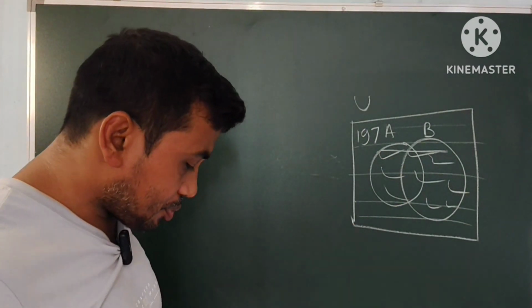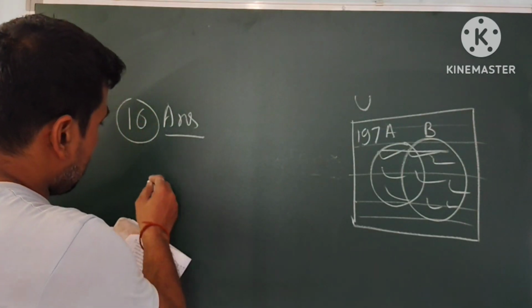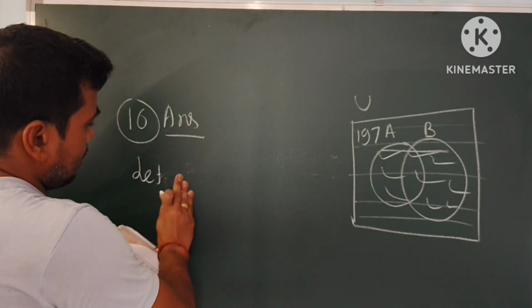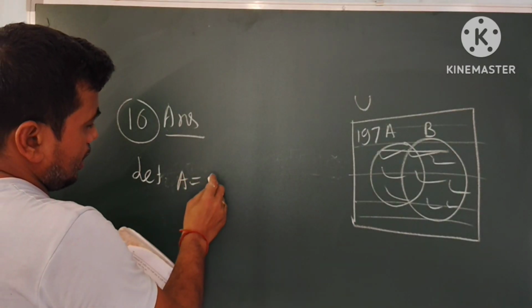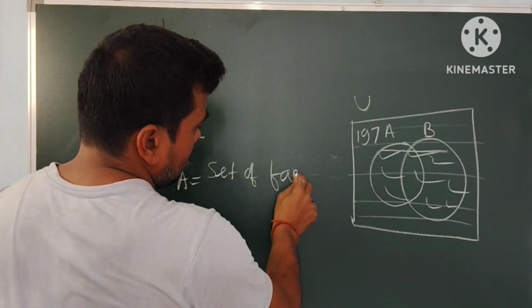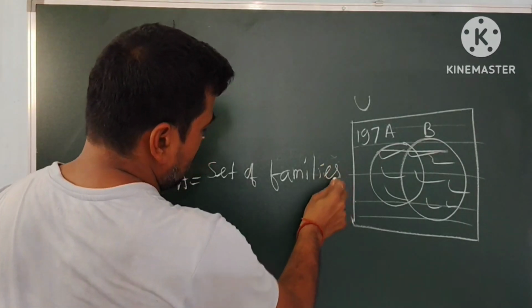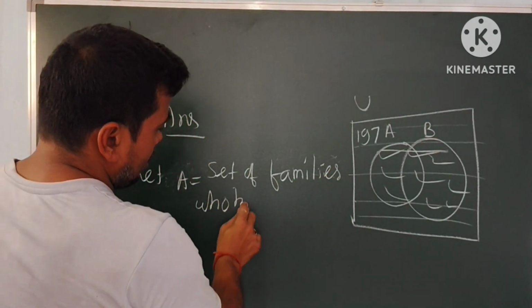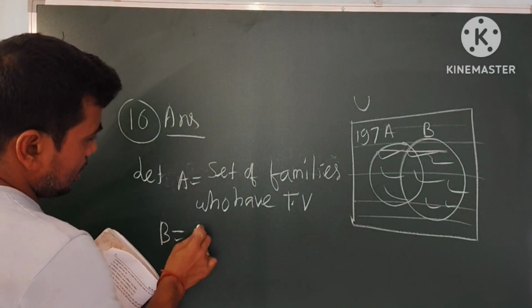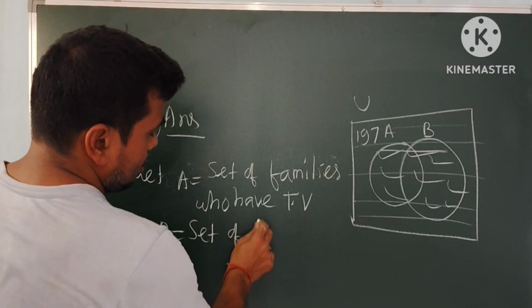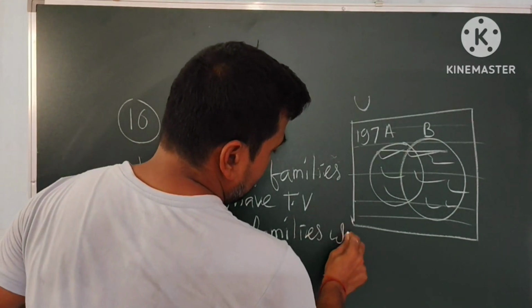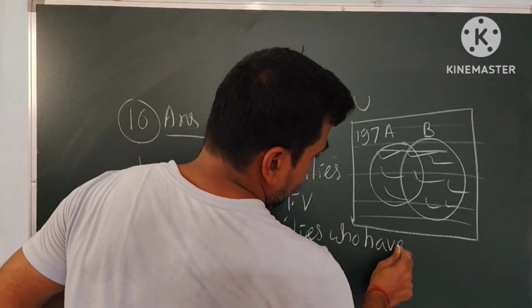Okay, see here, let A be the set of families who have TV, and B be the set of families who have radio.